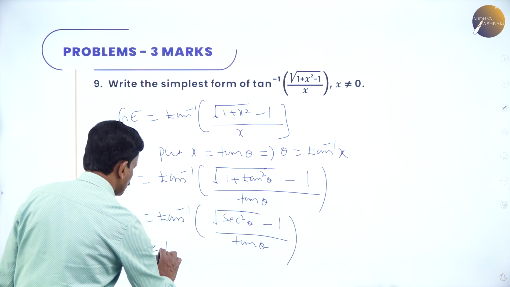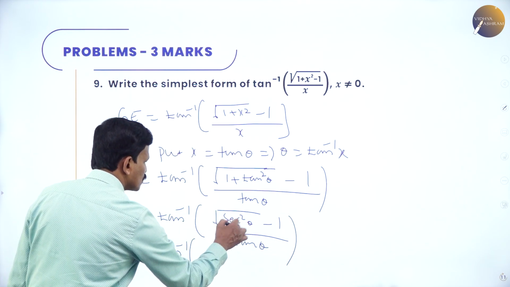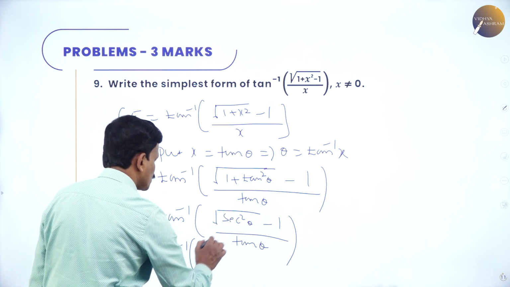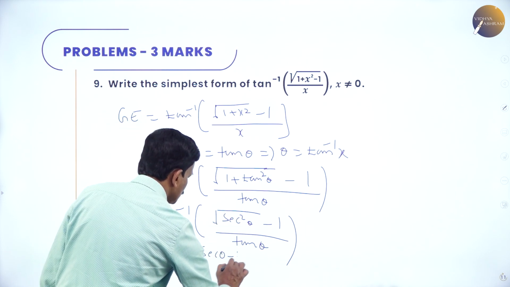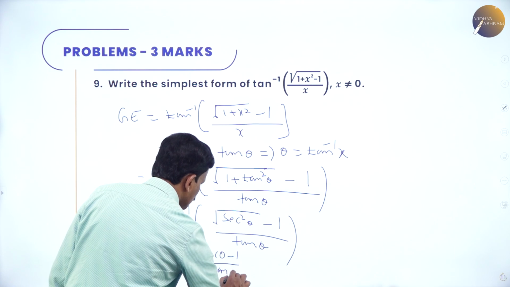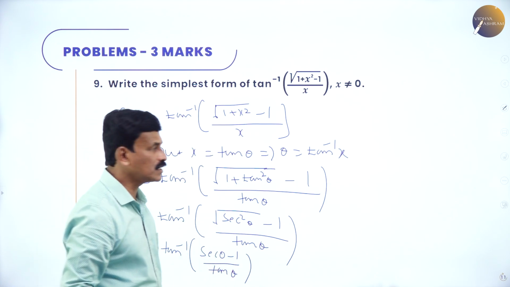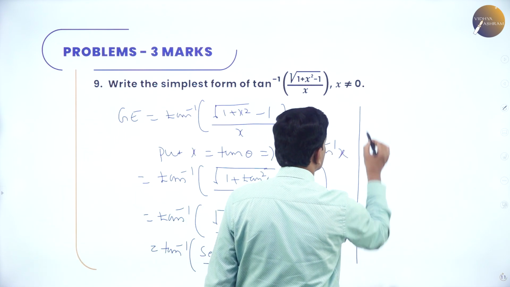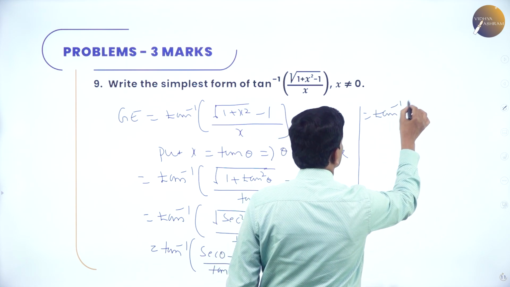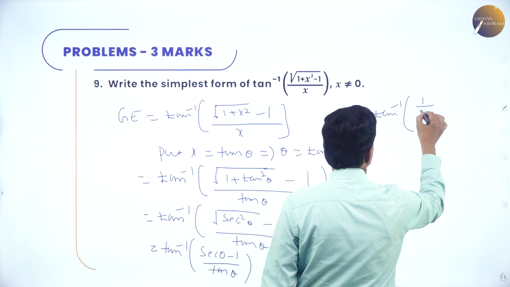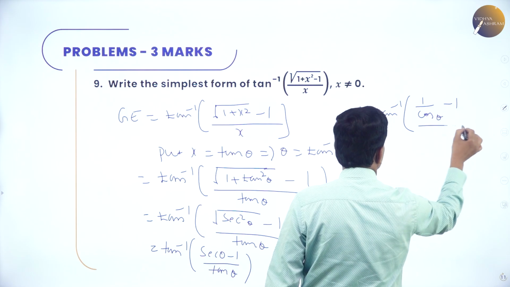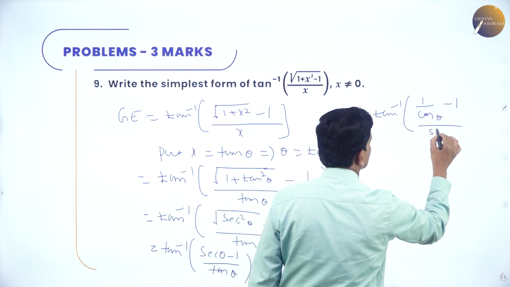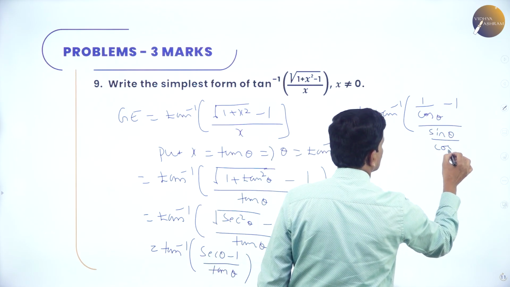So this can also be written as tan inverse of root of secant square, square root gets cancelled, secant theta minus 1 divided by tan theta. Let us simplify this by taking the reciprocal relation. So that's equal to tan inverse of secant theta, which is 1 by cos theta, minus 1 divided by tan theta, which is sin theta by cos theta.